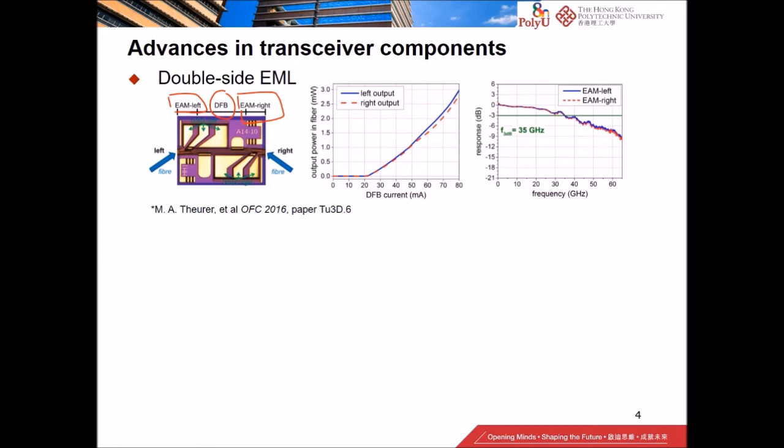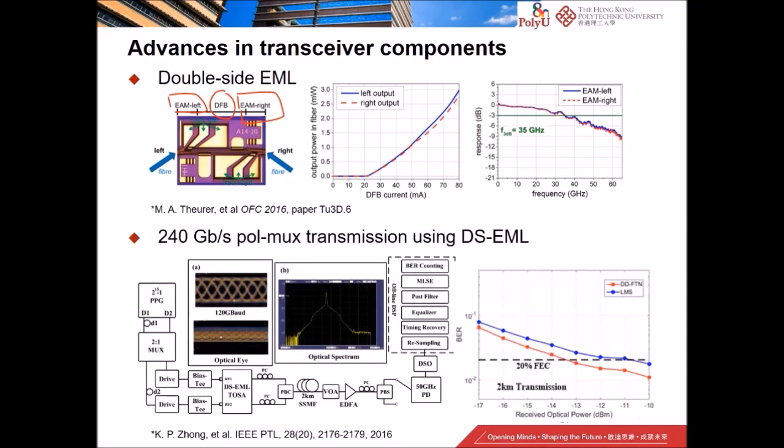The graph on the right is just to show the characteristics of this double side EML. This is from the HHI group. We managed to take this and do an experiment of 240 gig transmissions, POL-MUX transmissions of NRZ signals using this DSEML.